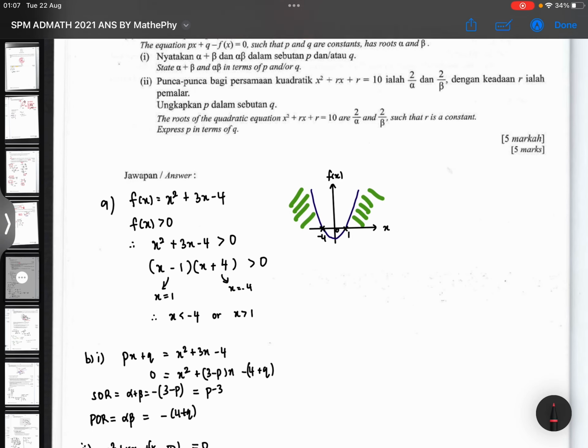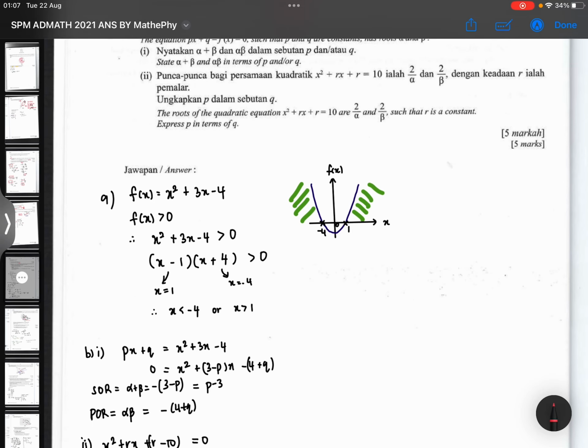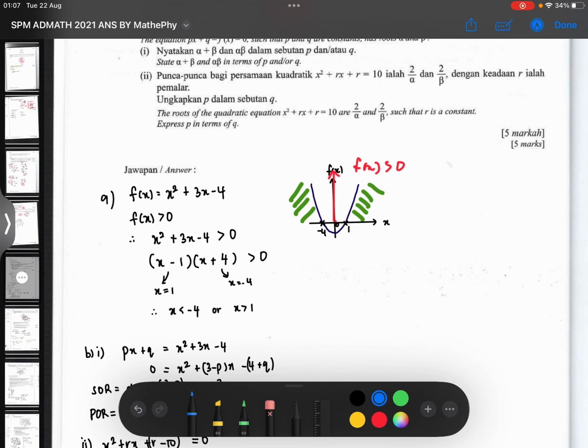So always remember that from the origin to the top is f(x) greater than 0, and below that, bounded by this curve and also the y-axis, from here to here, is f(x) less than 0.